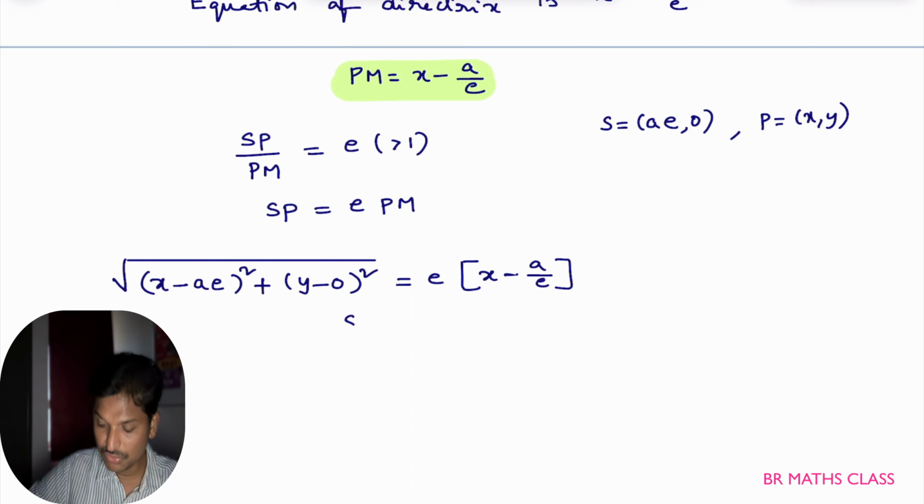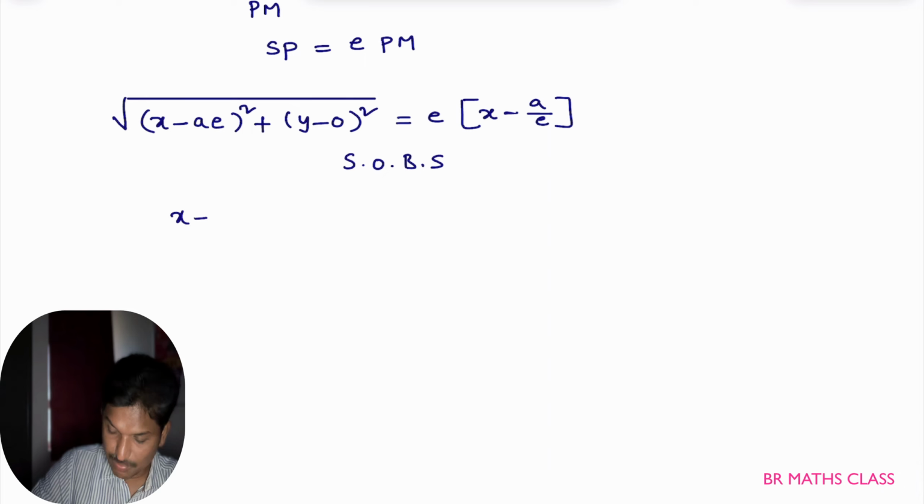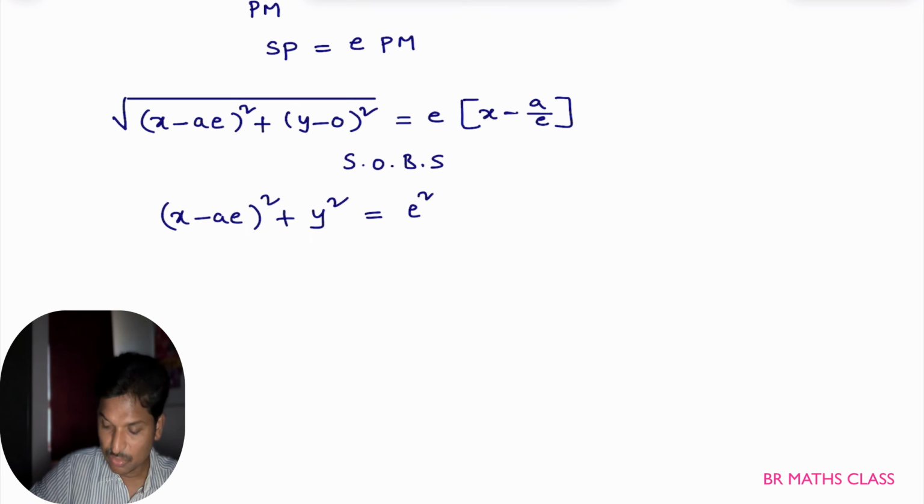Now square on both sides. You observe here, if we square the left hand side, the square root will get cancelled. So what will you get on the left hand side? (x minus ae) whole square plus (y minus 0) is y square, equal to e square into (x minus a by e) whole square.